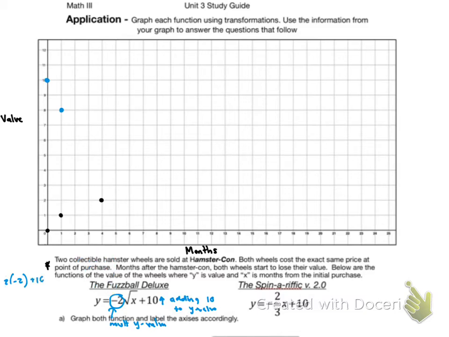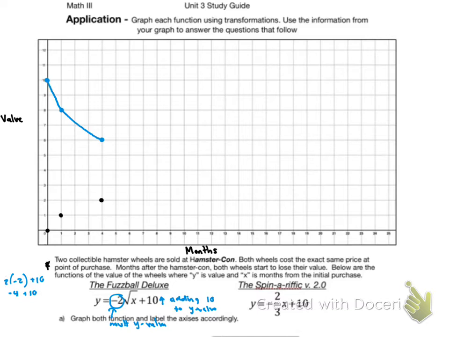But if we do it this way, that's -4 plus 10, which is 6. So this new y value is 6. And 6 is right here, I believe. So here's our transform graph for the Fuzzball Deluxe.